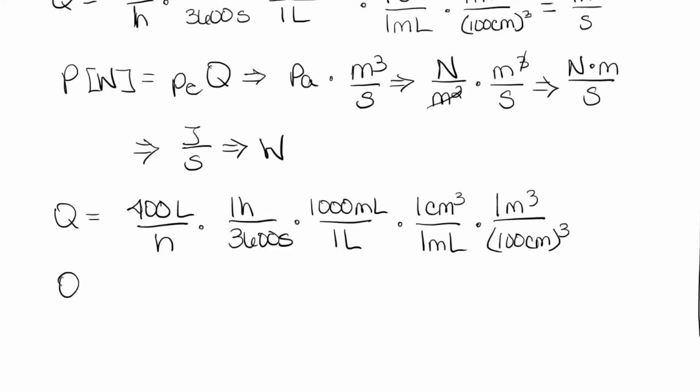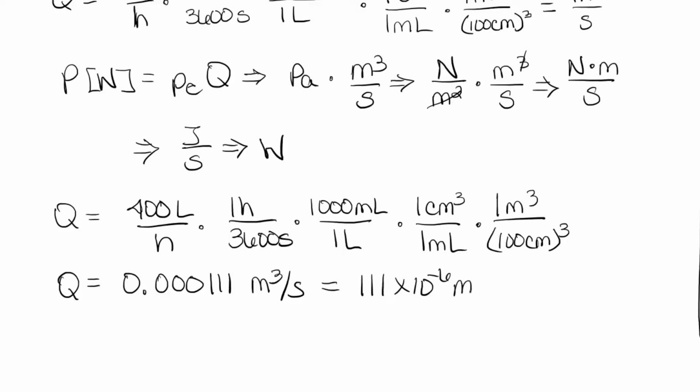And this will give me a flow rate of 0.000111 meters cubed per second, which is the same as saying 111 times 10 to the negative 6 meters cubed per second.